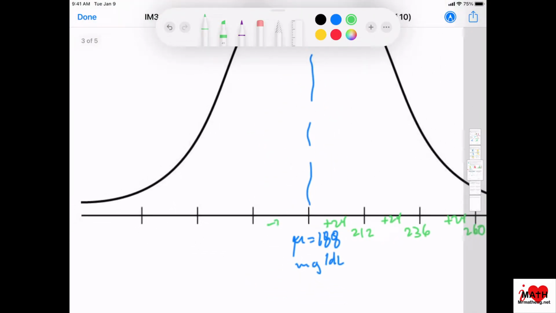And if I subtract 24, which is really one standard deviation, right? 2 times 24, this is going to be negative 3 times 24. So if I subtract 24, I'm going to get 168.